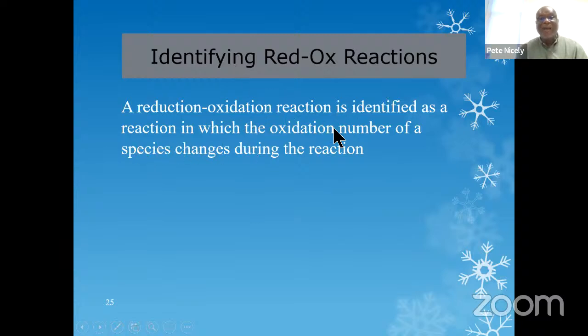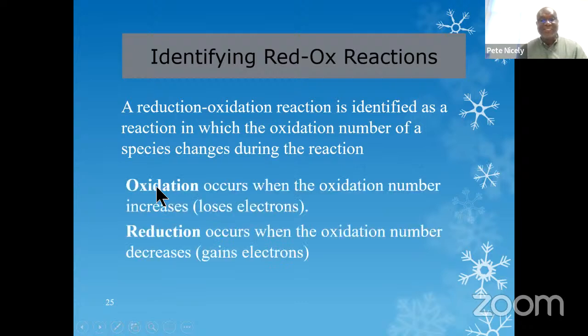And we can also identify redox reactions in terms of the oxidation number changes that take place for specific atoms in the reaction, right? So another way of looking at oxidation and reduction is that when something is oxidized, the oxidation number of that particular atom increases. And when an atom is reduced, that means that the oxidation number decreases.